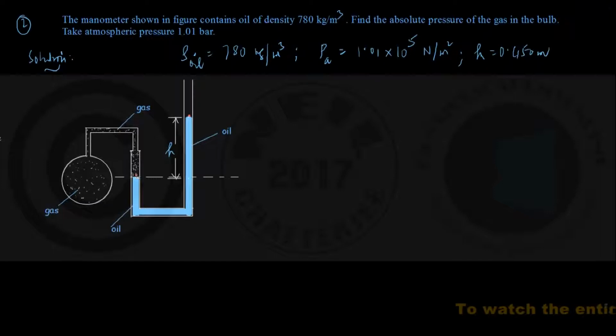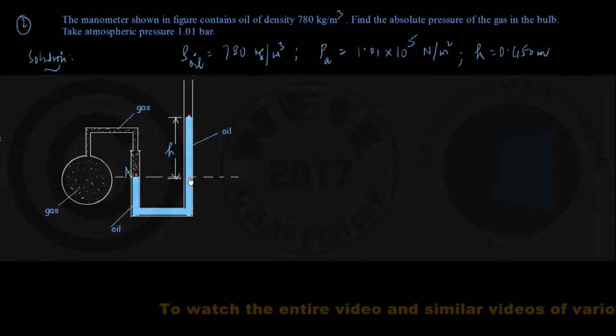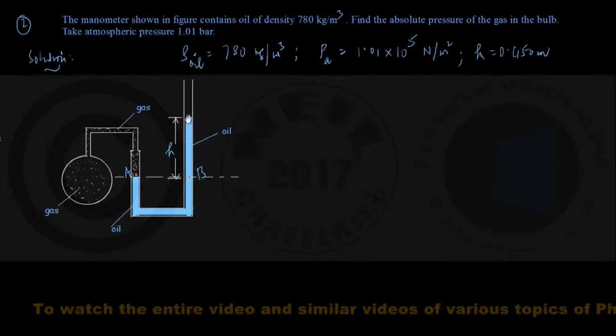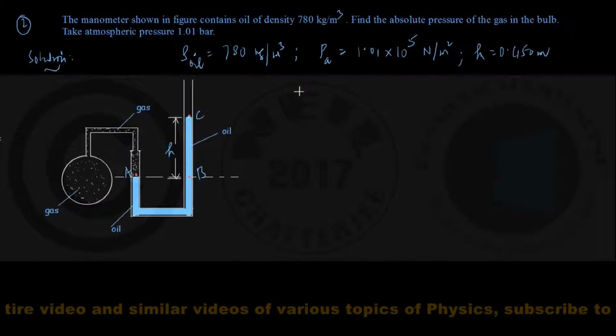This point at surface separating the oil from the gas, I'll call this point as say A. And another point at the same level in the right limb, this point I'll be calling it as B, and the point at the free surface of the oil at the right limb, this point will be calling as C. Now this is free to the atmosphere, therefore we can write down the pressure at the points.